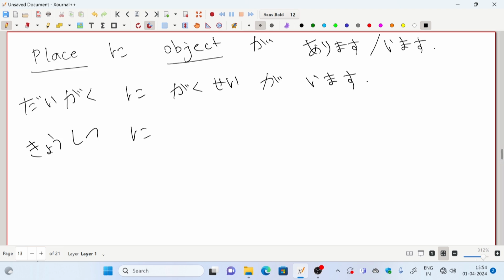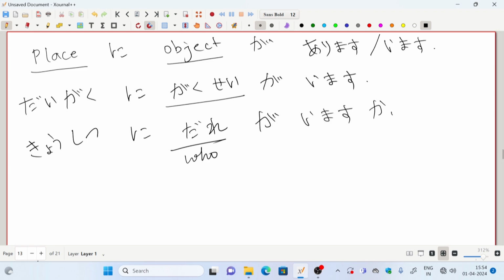Kyoshitsu ni dare. Dare is for who. Kyoshitsu ni dare ga imasu ka? Who is there in the classroom? We can say there is teacher and student in the classroom.